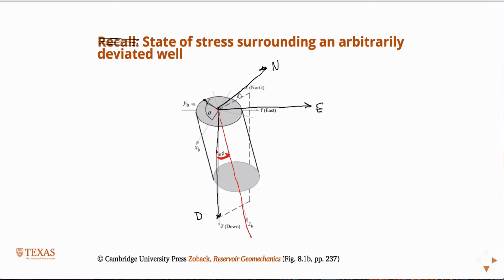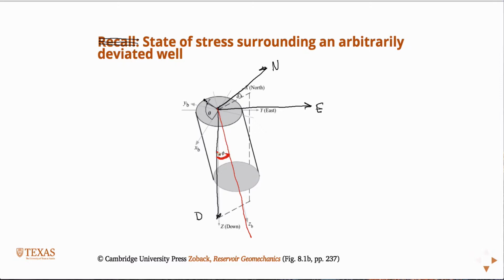And this also works for horizontal wells. So if you have a horizontal well, what's phi? 90, right? So it all works. Phi is 90 for a horizontal well.